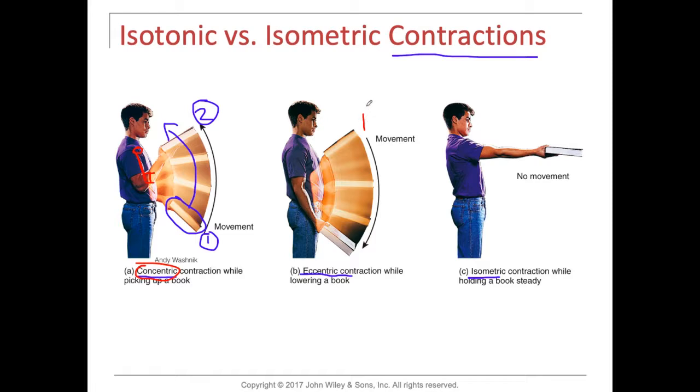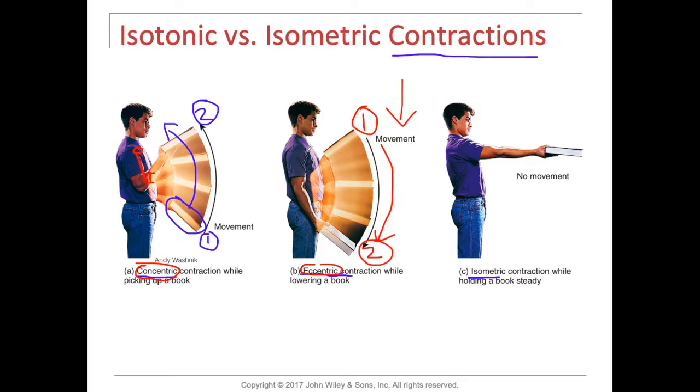When we go from number 1 to number 2 in the middle picture, you start at the top and you're moving down in this direction, lowering that weight, lowering the book, lowering the dumbbell. You're now lowering it in the same direction that gravity is taking it, which is down, but we have to do it in a slow, controlled manner. So when you're lowering something at a pace slower than that at which gravity wants to take it, that's an eccentric contraction.